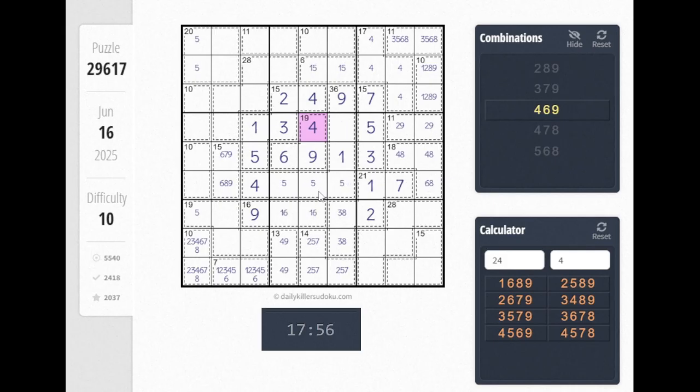Is that how that had to go with 4-6-9? Don't think so, but also 4-6-9 is just not possible. Okay, so not a 3.